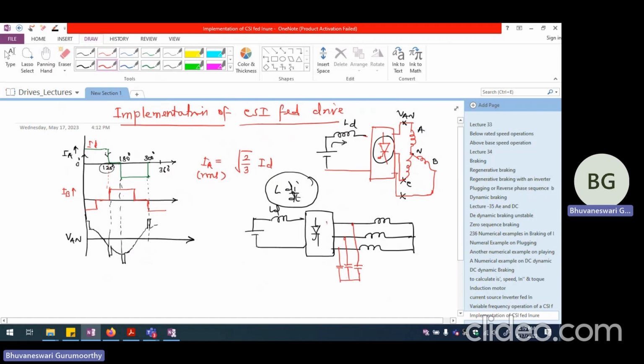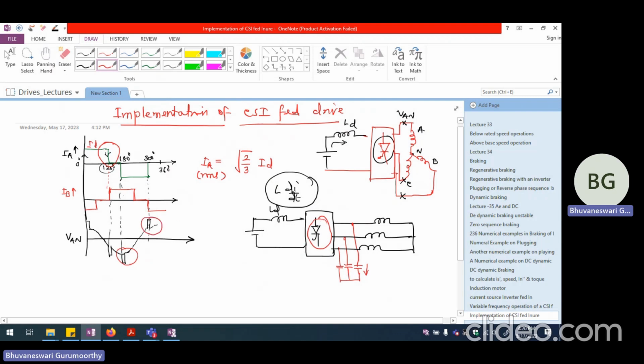So this inverter will not allow the flow of current, but between the capacitor and the motor windings, there could be exchange of energy. So the motor winding current need not be stopped abruptly, and there will be an alternate path provided by the capacitor for the current to flow. So these spikes, whatever we see, can be eliminated completely.